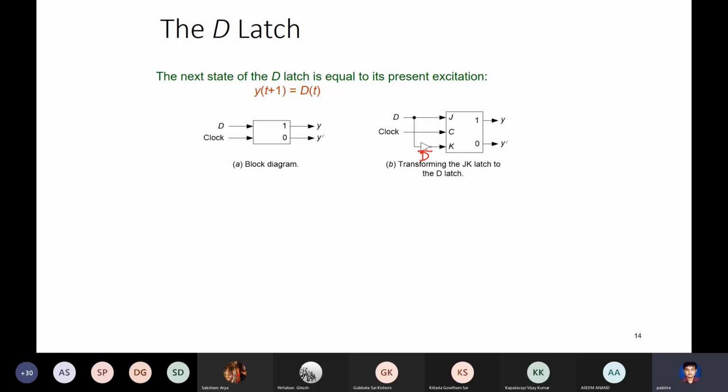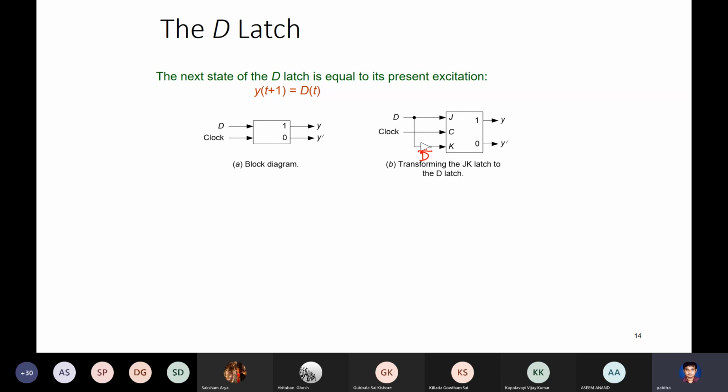If you do this, you get a very simple excitation function: Yt plus 1 will be the same as the value of Dt. So the timing diagram will be very simple. At a particular clock cycle, whatever is the value of Dt will be the value of Yt plus 1.